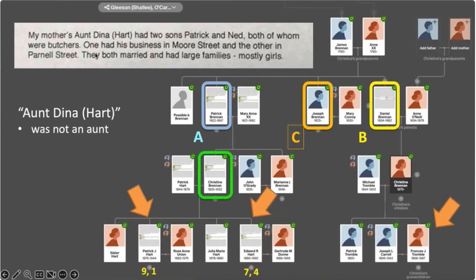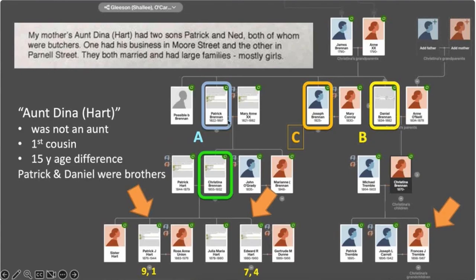So that is the only error that I see in this account from the 1949 recollections of my match's grandmother. She was not an aunt, she was in fact a first cousin, and probably the 15-year age difference made it seem like she was more like an aunt rather than a first cousin.